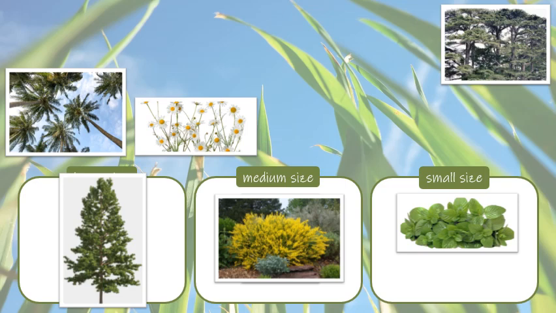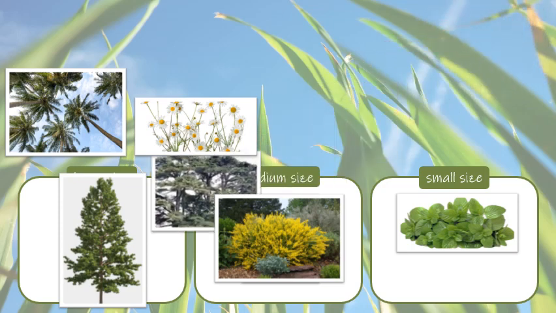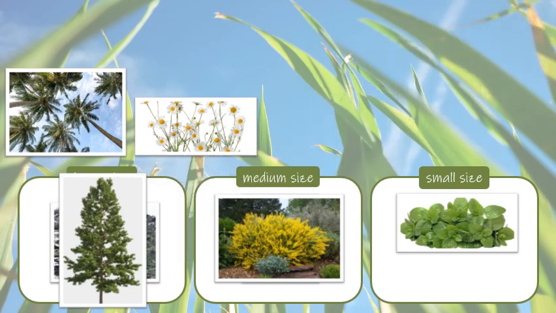Let's see. Fifth picture now. What are these? Are they small, medium, or large in size? Did you say large? Excellent. Sixth picture. These are the palm trees. Are they small, medium, or large in size?